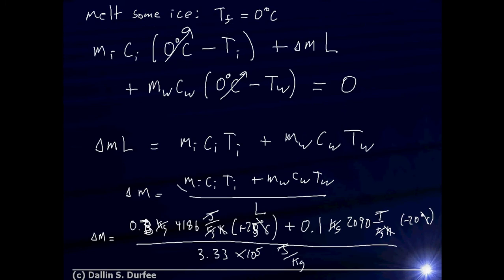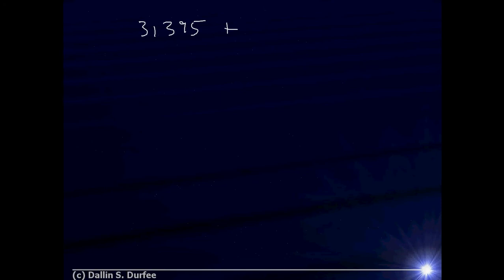Plus, then I get the stuff for the ice, and it's going to be 0.1 times 2090 times negative 20, and I'm going to get negative 4180.